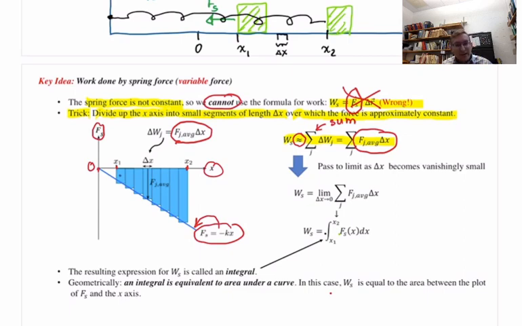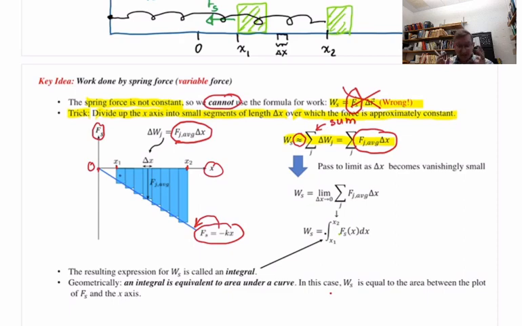So instead of 10 rectangles, let's imagine 20 rectangles between x1 and x2. Now the delta x for each one of the rectangles, because there's 20 of them now, is very small. And to assume the spring force is constant over the delta x of one of those very small rectangles, that's not so bad an approximation.